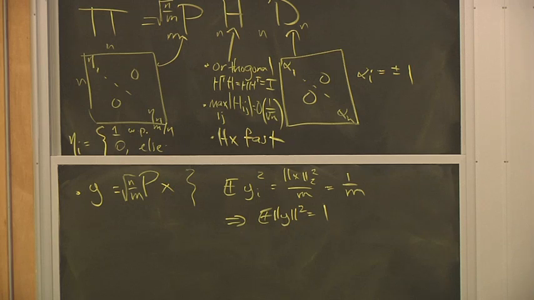Unfortunately, you might have the opposite effect. What if the original vector was actually perfectly spread? So now you're saying, instead of using Px, I'm going to use PHx. H is going to spread it around, and then sampling works. But if the original vector is perfectly well spread, H might collapse it to a single point, and then P doesn't work anymore. And even though I said that a vector and its Fourier coefficients can't both be concentrated in a small number of locations, it can happen that they're both mediocrely concentrated.